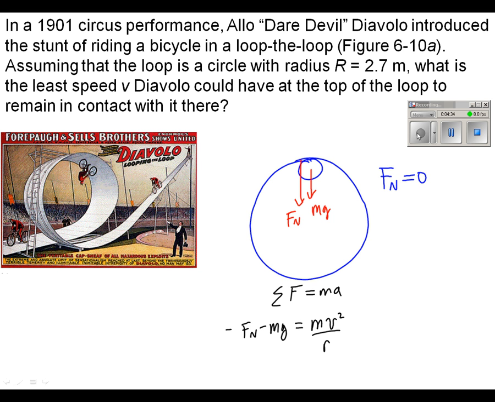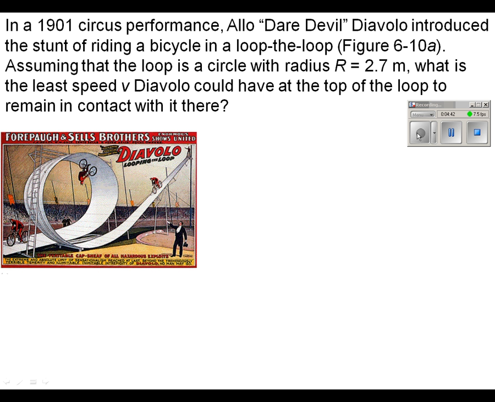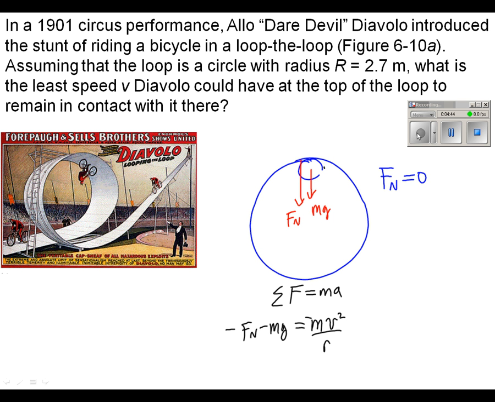I have to remember to make this negative because that centripetal acceleration is down towards the center as well. We also have to realize that the normal force is 0 because they want the least, minimum speed that it takes to go around the circle.